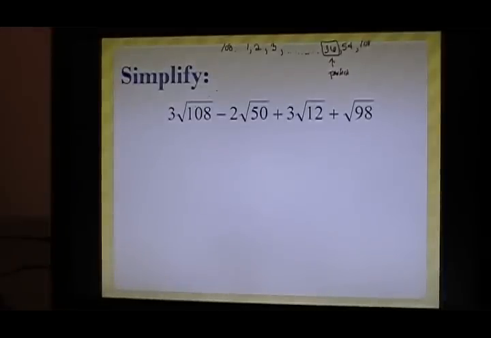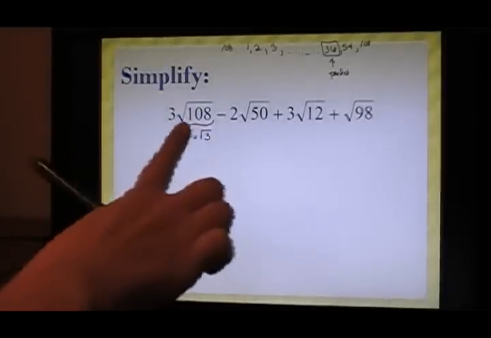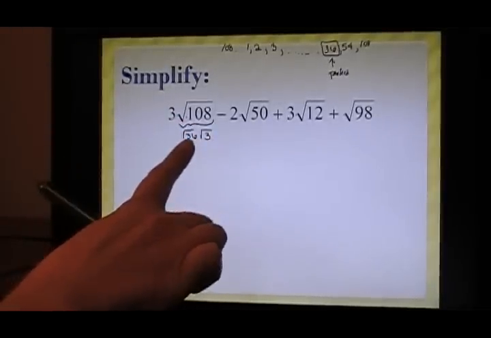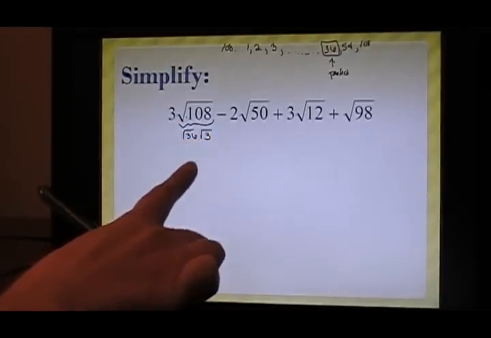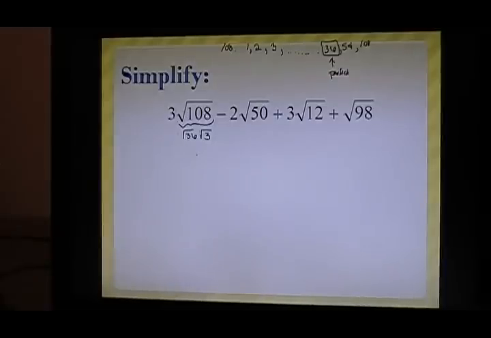So doing my simplification, I know that I can write the square root of 108 as the square root of 36 times the square root of 3. So the square root of 108, the square root of 36 is 6, and so that is 6 root 3.